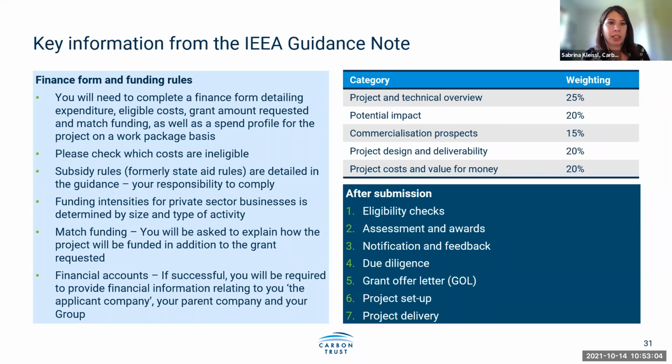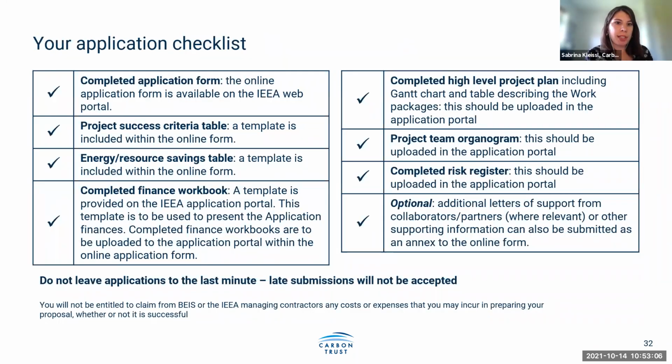And then last slide from my side, the application checklist. If you're in doubt, just refer back to this checklist, which is also available in the application guidance note, and which summarizes the documents that are part of a complete application.